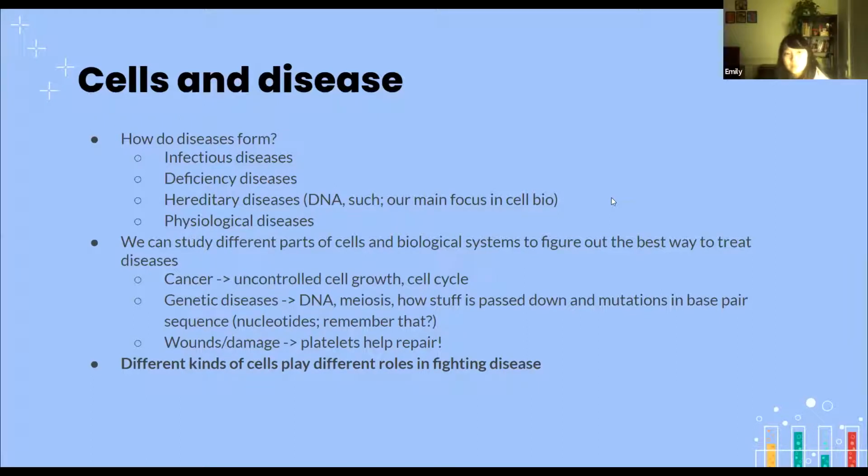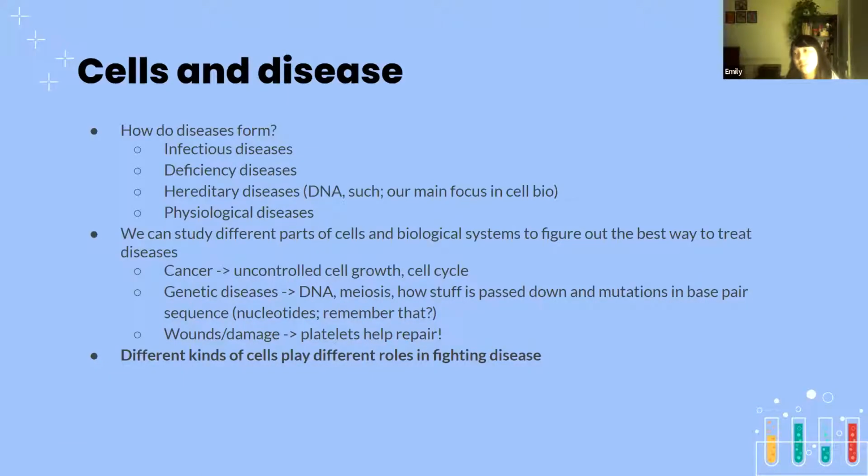Today we're going to mostly be looking at hereditary diseases, which deal with genetics and how cells divide and pass on genes to one another. In cell biology, we're going to be mostly focusing on that. Physiological diseases are things that deal with your body and anatomy.